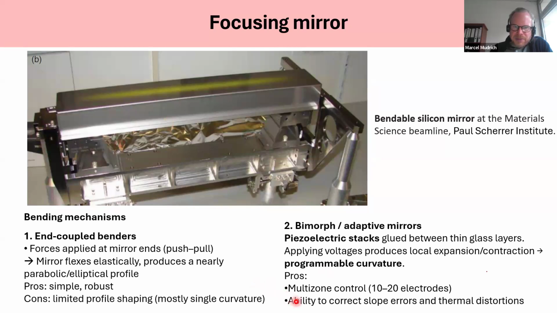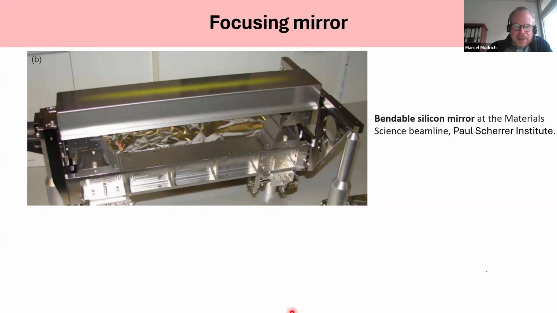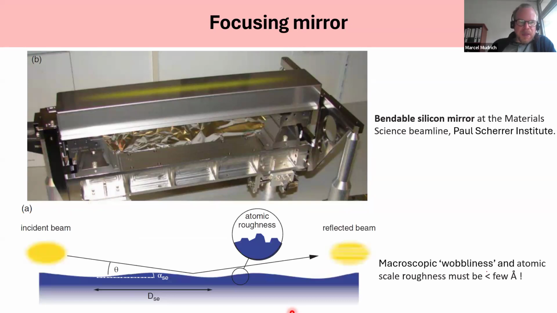That makes it possible to really adaptively change the focusing properties of the mirror in so-called multi-zone controls. And that is often used in modern synchrotrons, but also for free electron lasers. This will be very important to get tight focusing.